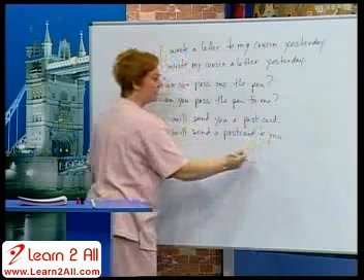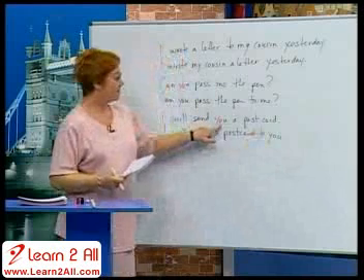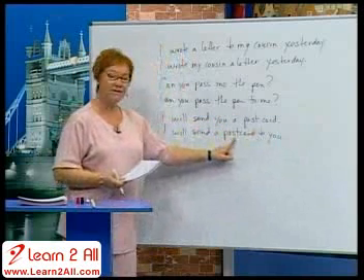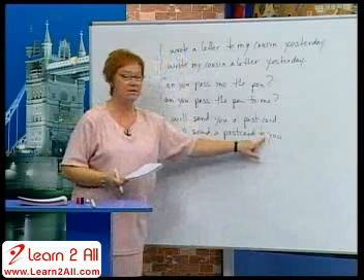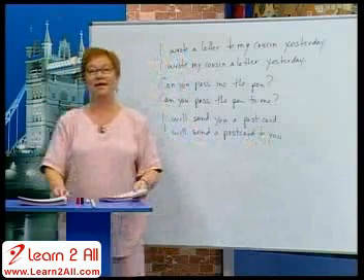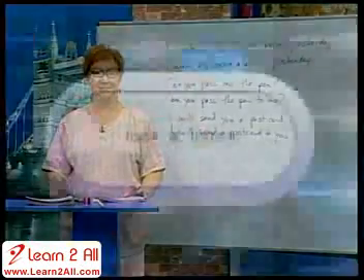"You" becomes "to you." Okay? So, when it comes before the object, no "to," no "for." When it comes after the direct object, we have "to" or "for." Okay? All right. Now it's time to look and listen.